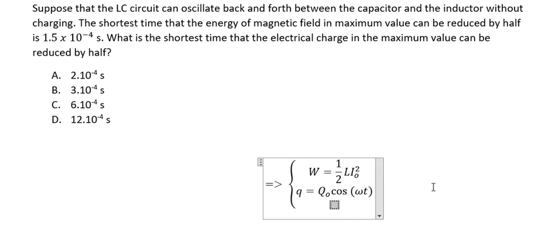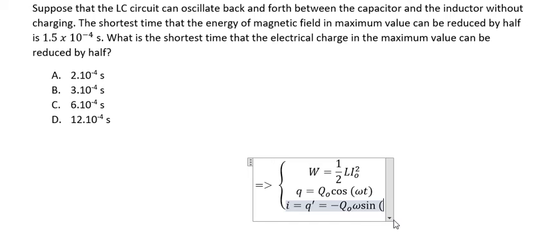The next formula is about I. I is the first derivative of Q, and you get minus Q naught omega sine omega t.